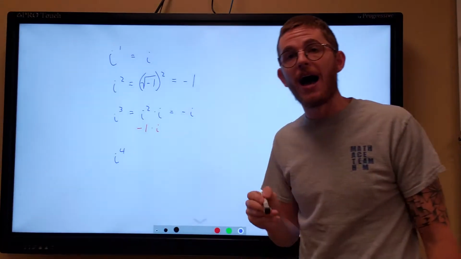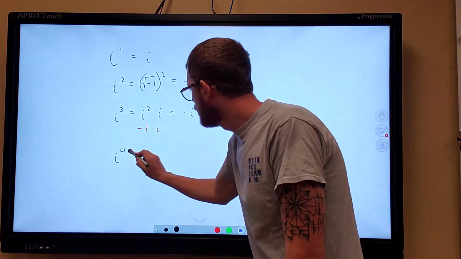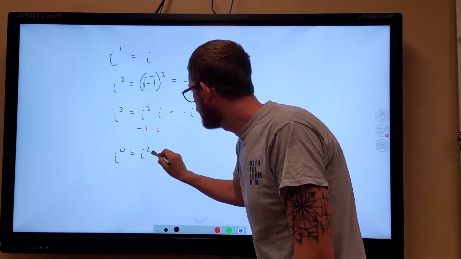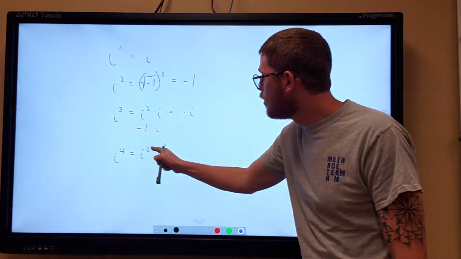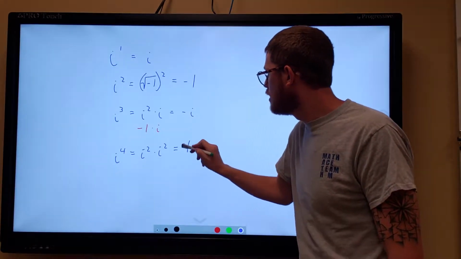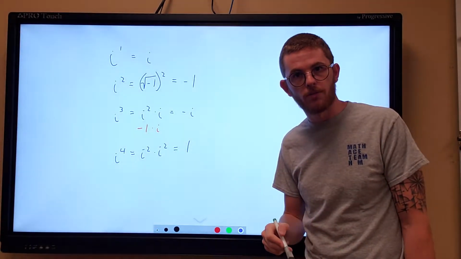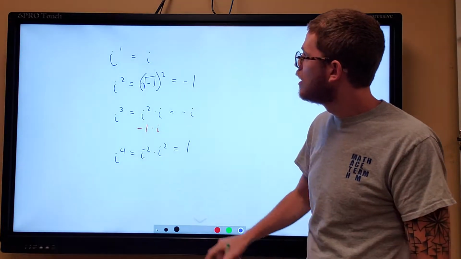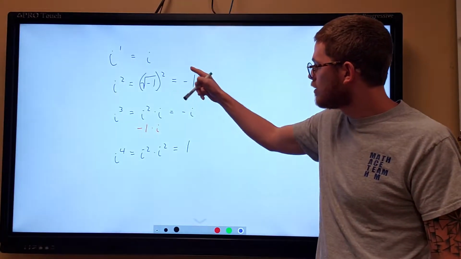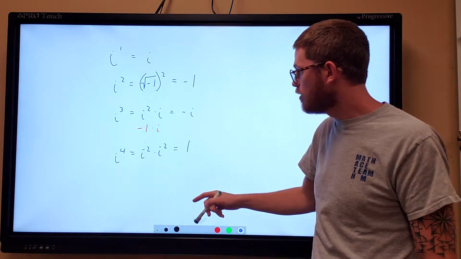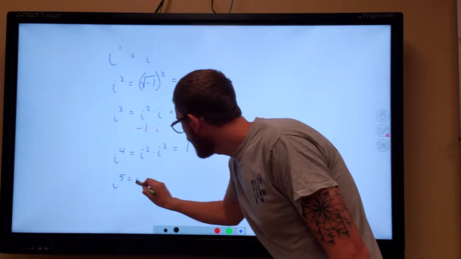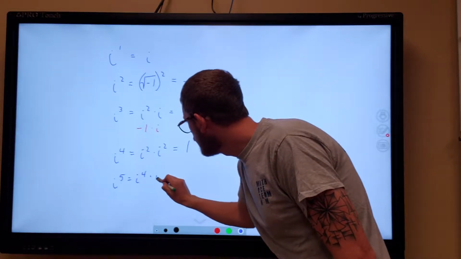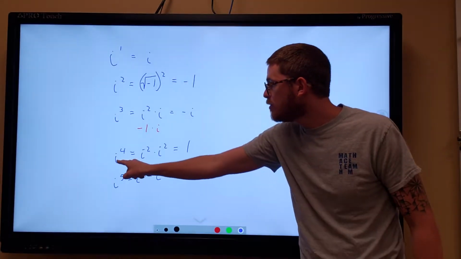And if we go to I to the fourth power, this is I squared times I squared. -1 times -1 is a +1. So we can see right here, we've gotten a +1. If we go a step further, we've got the ability to use I to the fourth power.